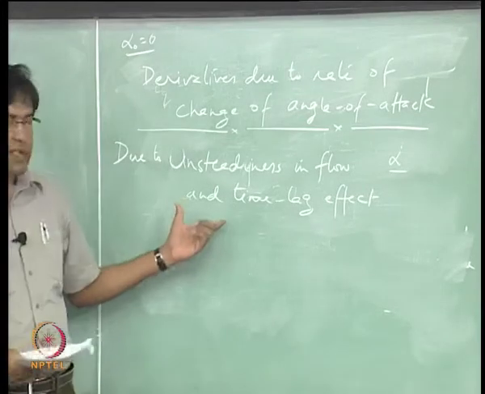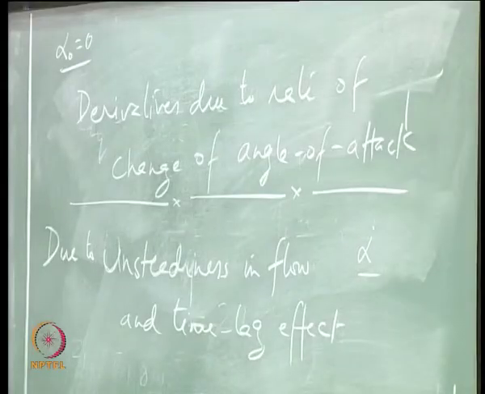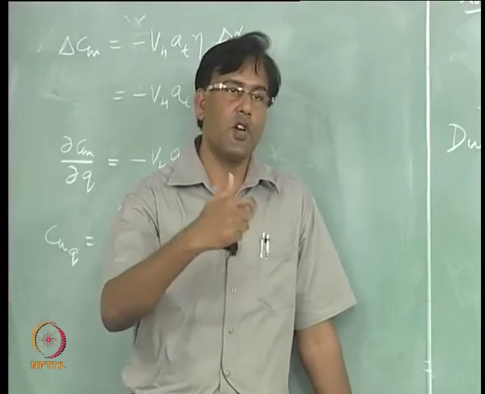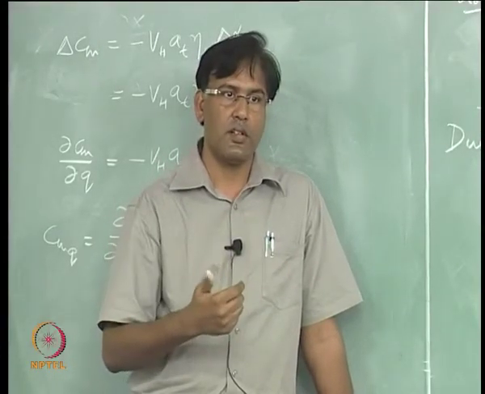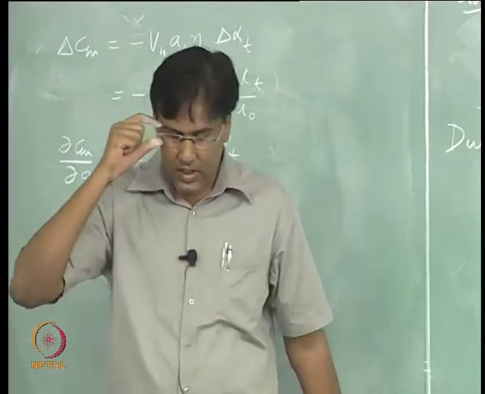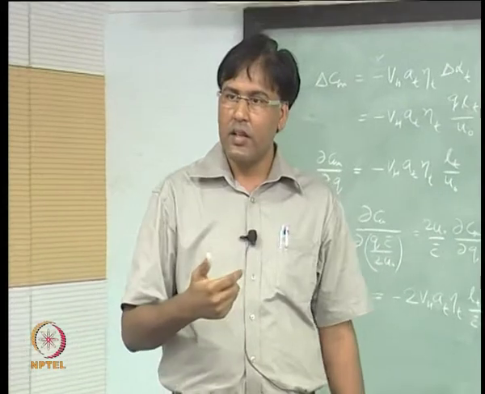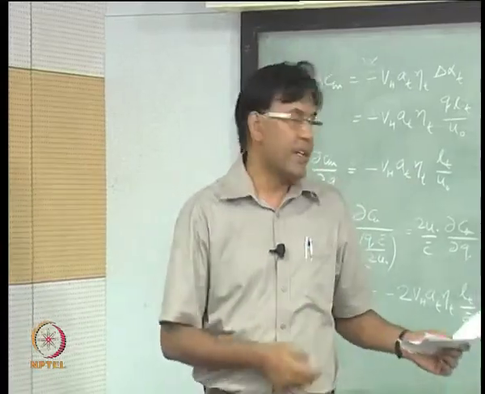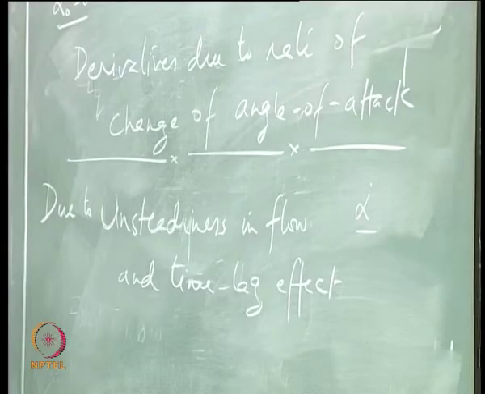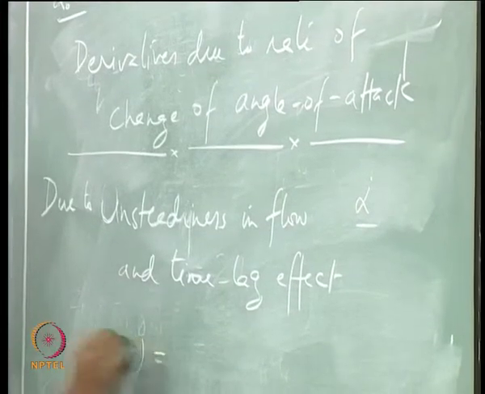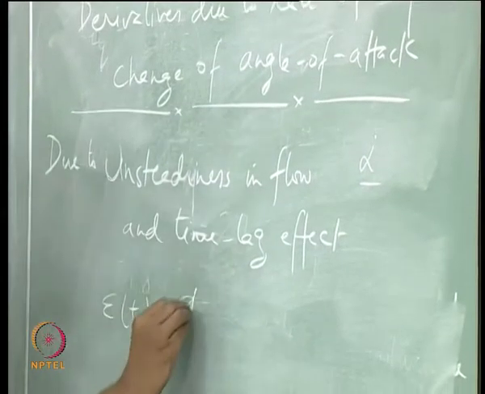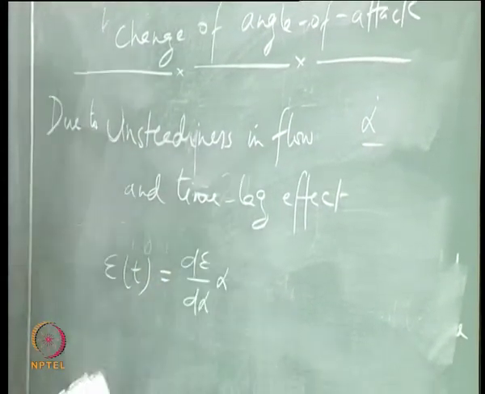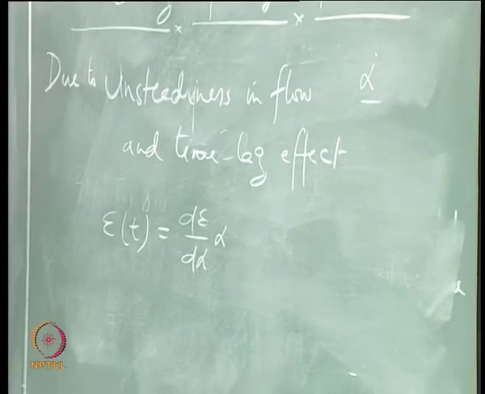What this time lag does is it introduces a rate in the change of downwash angle with respect to time. Okay. Earlier we have assumed that in steady conditions downwash angle is only going to depend upon the steady alpha, right, but because of this unsteadiness in the flow and due to this alpha dot, this downwash angle becomes a function of alpha, which is delayed. Okay.